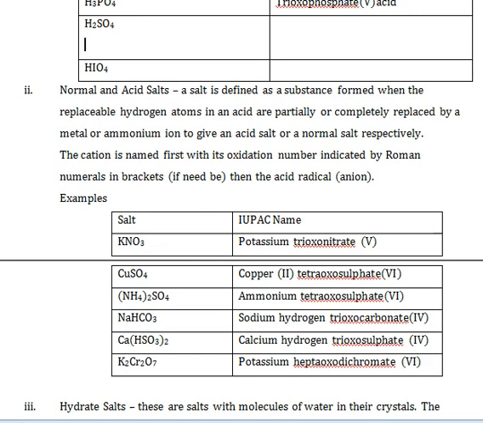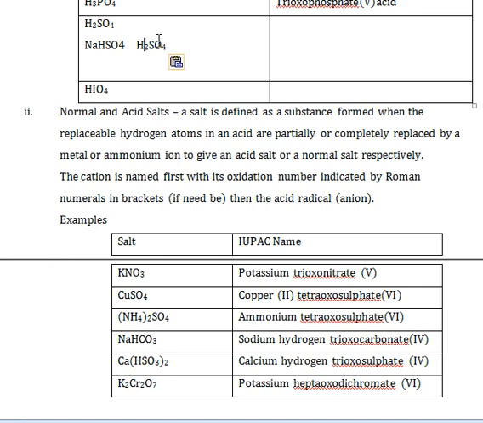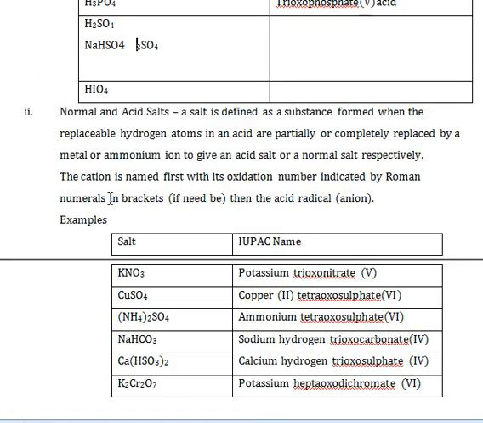Now, you're having 2 hydrogen atoms. You can replace one of the hydrogen atoms there with sodium. So that should give you NaHSO4. Or you replace the two hydrogen atoms with a metal, sodium, sorry for that, to give Na2SO4.